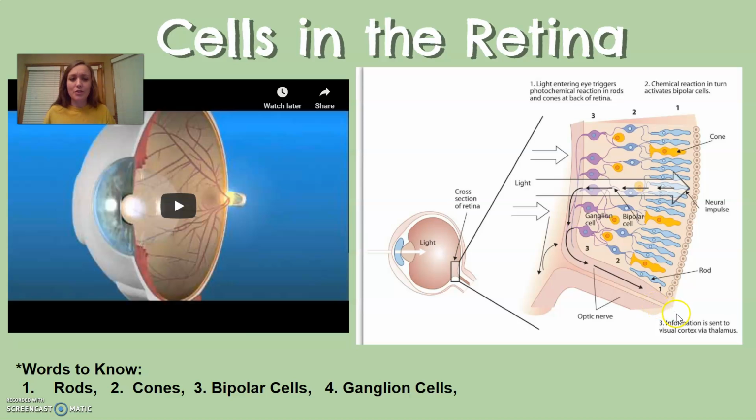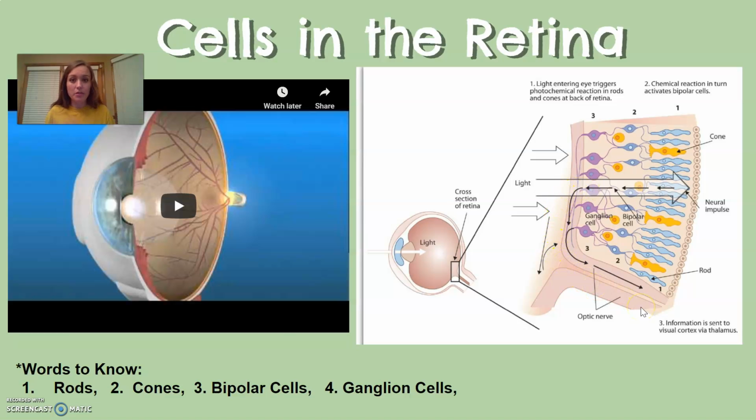You don't necessarily need to know too much about bipolar cells and ganglion cells other than the process by which it moves to the optic nerve. So the light will hit the back of the retina. It will be processed by the rods and cones and turned into a neural message. It will then move to the bipolar cells and then onto the ganglion cells and then through the optic nerve.